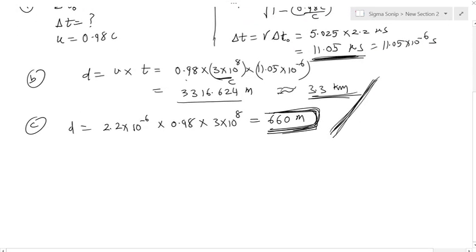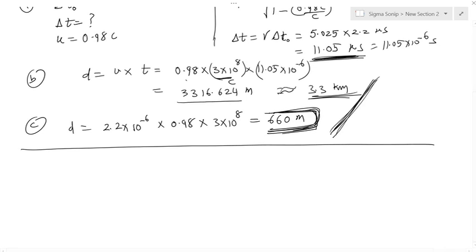There are a few other cases as well. What we see is that anything which is moving faster will age slowly. We can think of a situation where there are two twins. One twin goes on an interstellar journey at a very high speed.